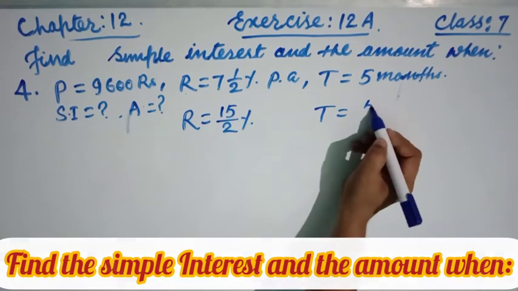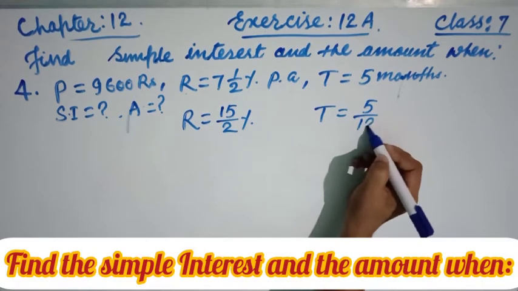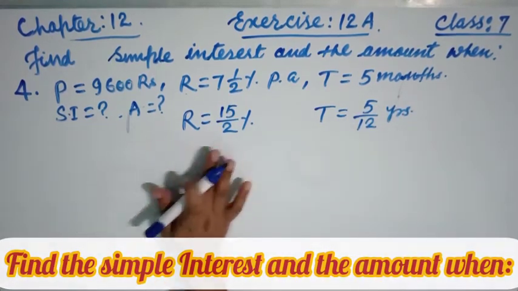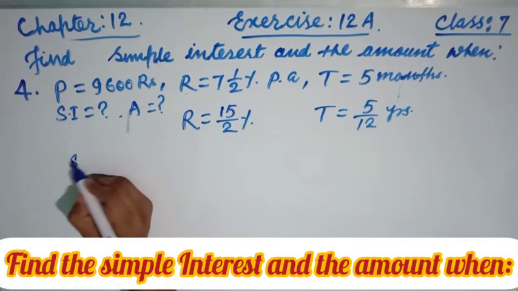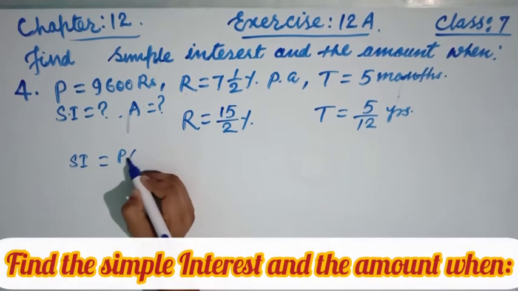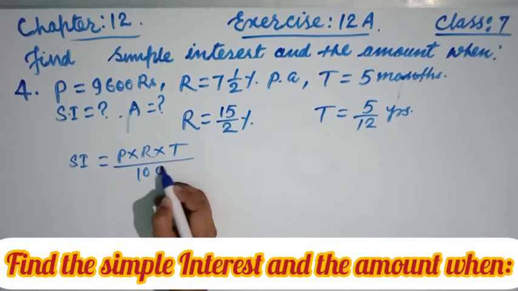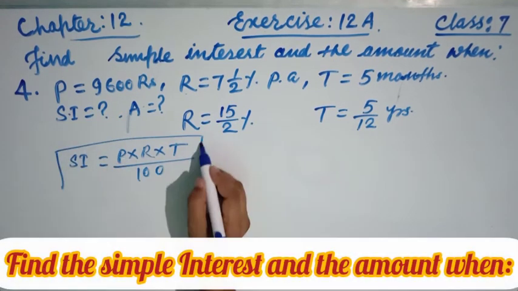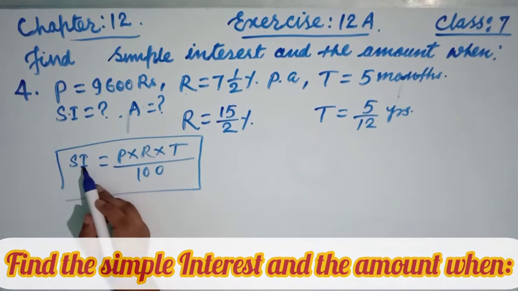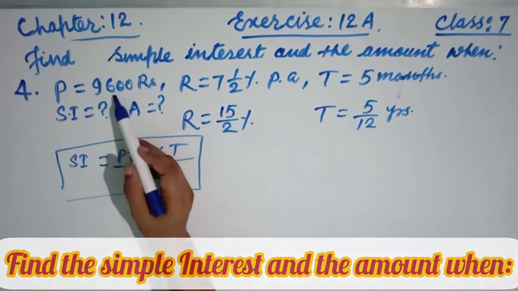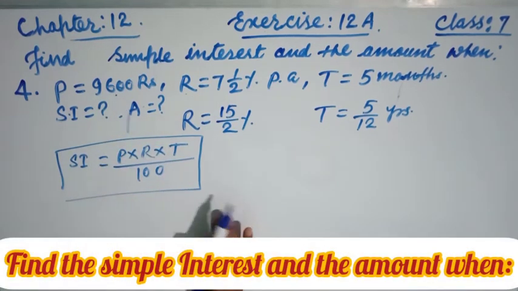So this is 15 divided by 12 years. I hope friends we can easily solve these sums after applying SI is equal to P into R into T divided by 100. First calculate SI, then add SI to P to get A.